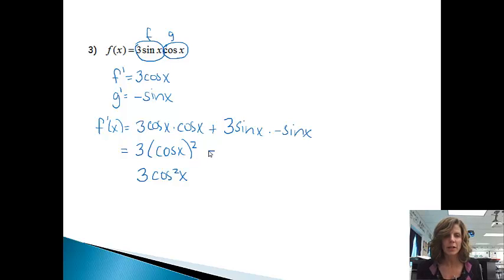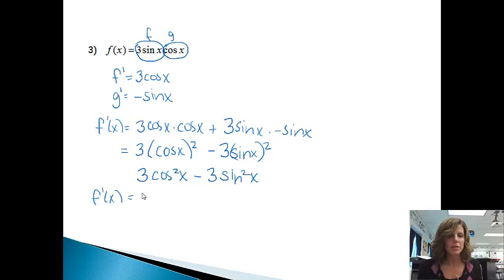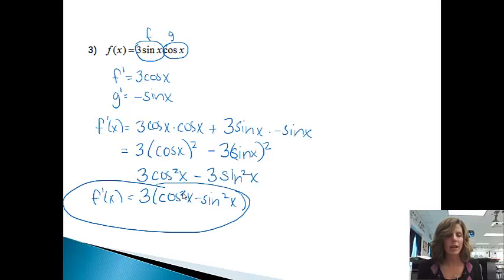The next part will be minus 3 sine x quantity squared, which rewritten is minus 3 sine squared x. Notice where we put the squared again. Then I'll take this one more step, because I notice I can factor out a 3. So I'll get 3 times the quantity cosine squared x minus sine squared x, and voila, I have the derivative. So hopefully now you can find derivatives using the product rule.